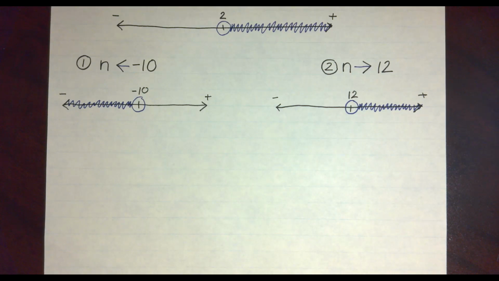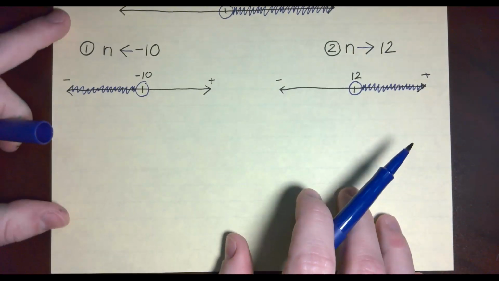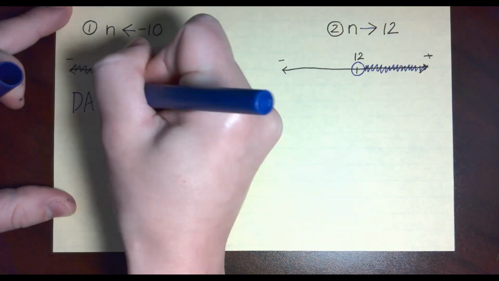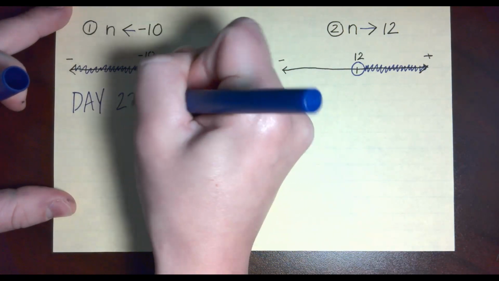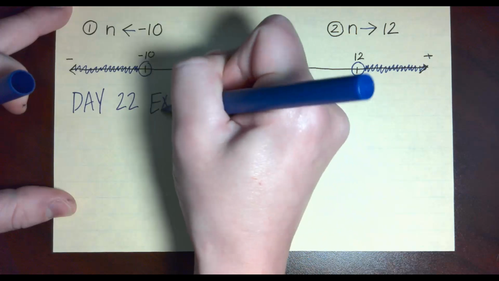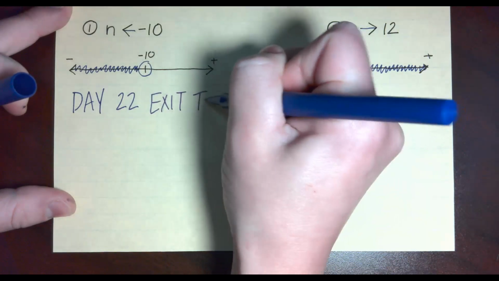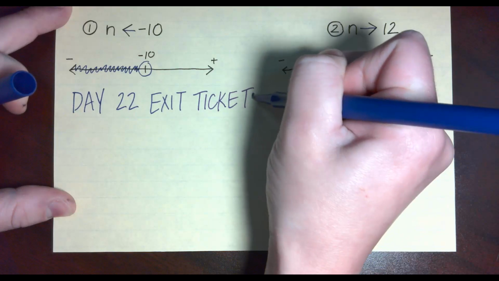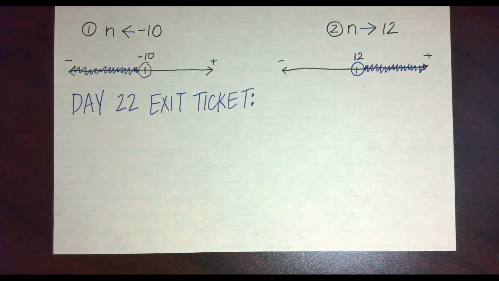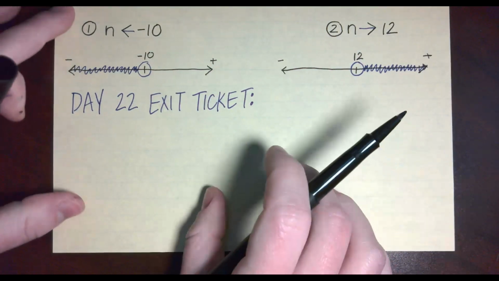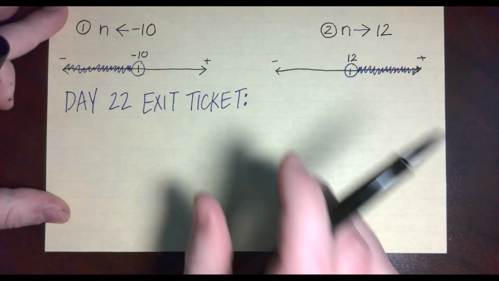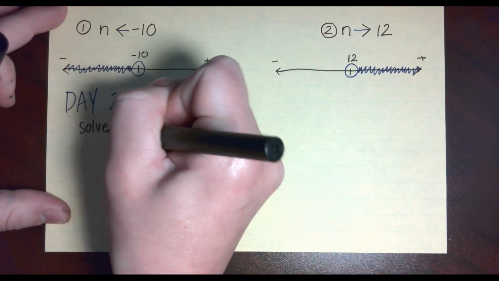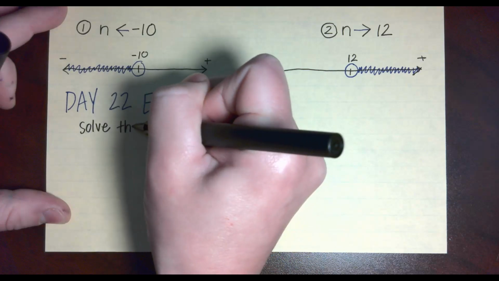All right. So here is day 22. And it's just going to be one question. Exit ticket. I'm going to give you one extra step here. I'm going to have you solve the inequality and then graph.